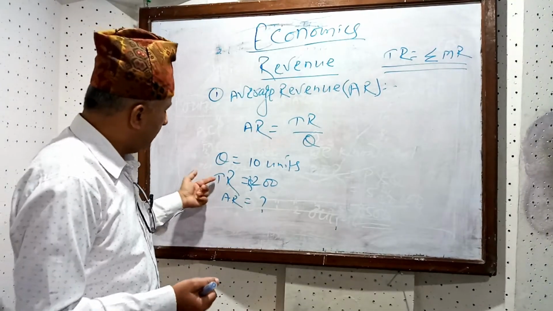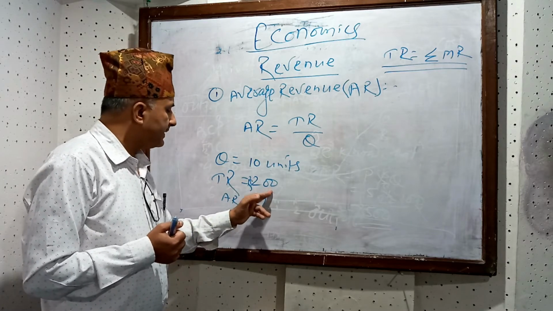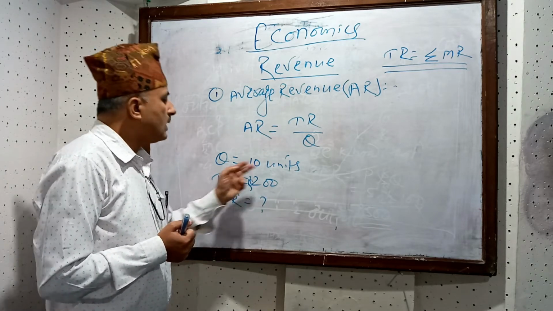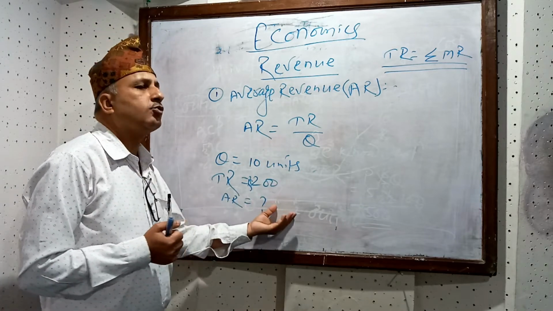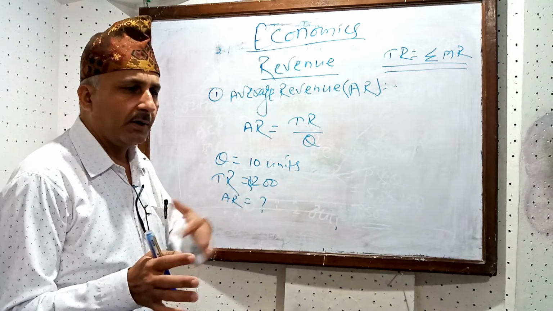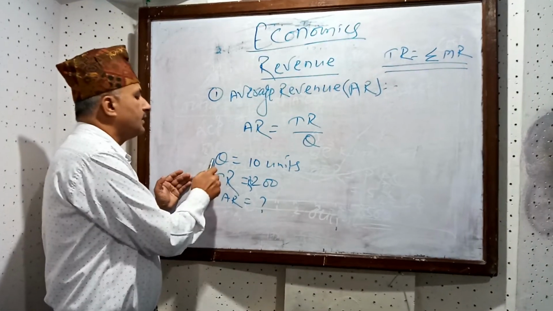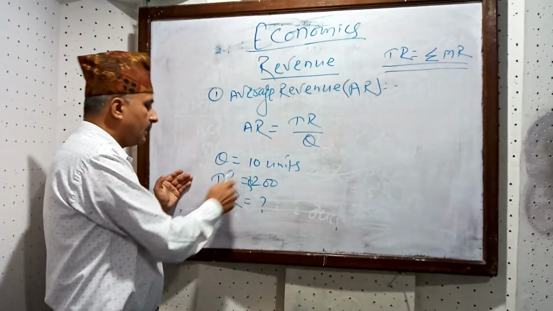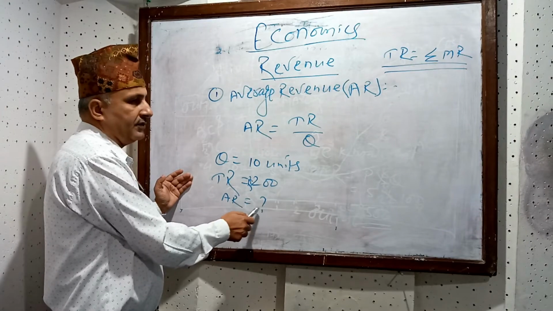The information given is Q is equal to 10 units, TR is equal to rupees 200, and you have to find AR.